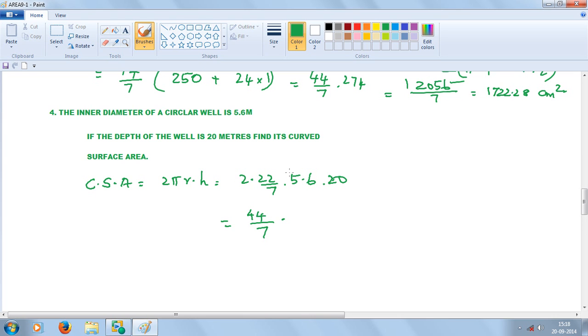Otherwise you can multiply 5.6 by 20, but you may get confused. 5.6 into 20 is 116... We divide by 7.